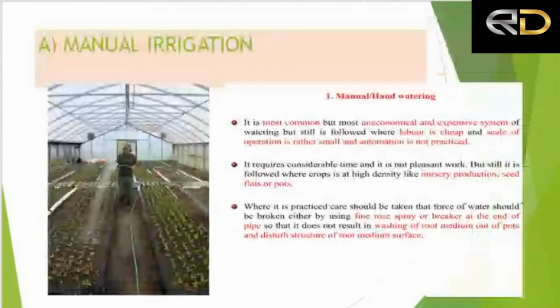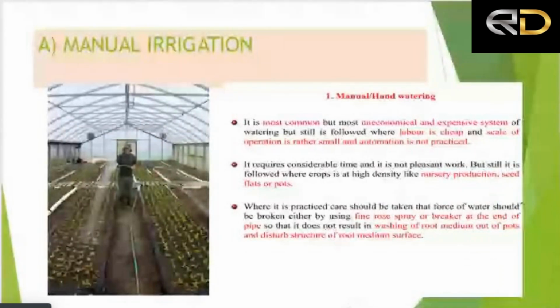First one is the manual irrigation. Here, a picture has to be shown of how you manually irrigate the plants, like small plants on the floor. First, in the troughs they have planted the plants in cocopeat, and irrigation is given manually. It is the most common, and it is an uneconomical and expensive system of watering, but still it is followed.